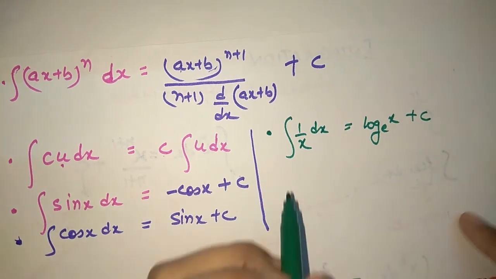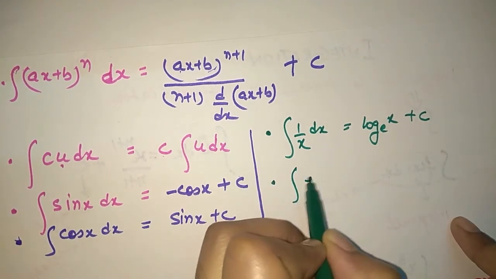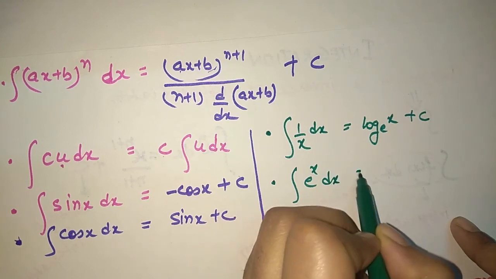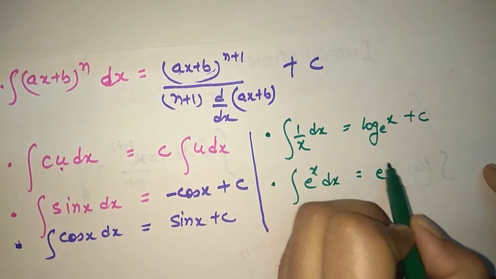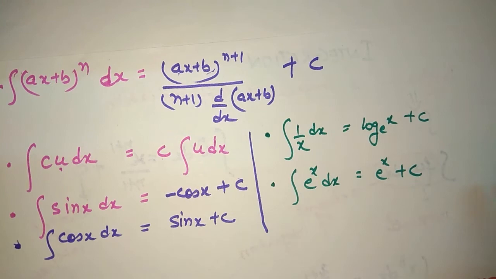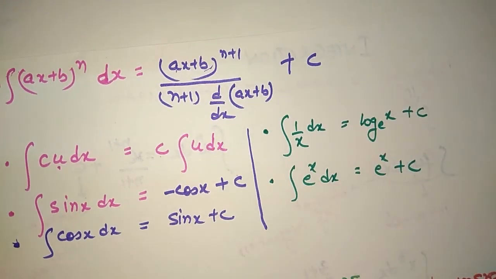So next is, if we have integration of e^x dx, it will remain the same, e^x plus c. Integration of exponential is the same, e^x remains e^x. Now these were some formulas that we use in integration.